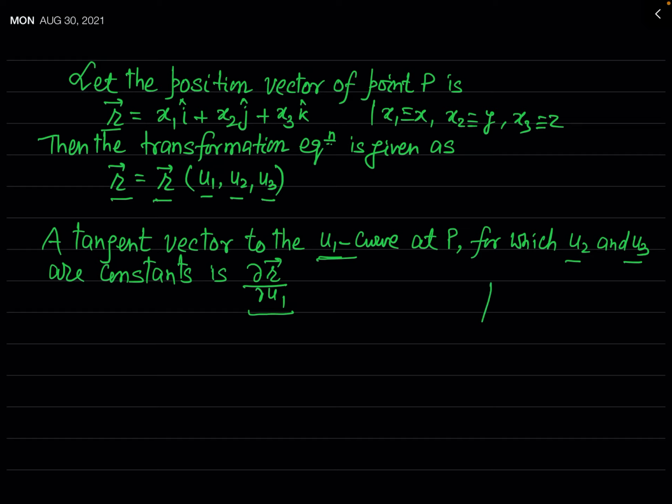If you want to define a unit vector, let us say a hat, in the direction of this capital A vector, then a hat is simply defined by vector A divided by mod of vector A. Similarly, if you want to define the unit vector along this vector del r by del u1, which is actually along the tangent to the curve u1, then you can easily define it by this idea of unit vector.